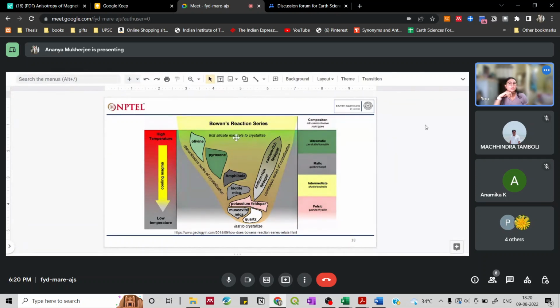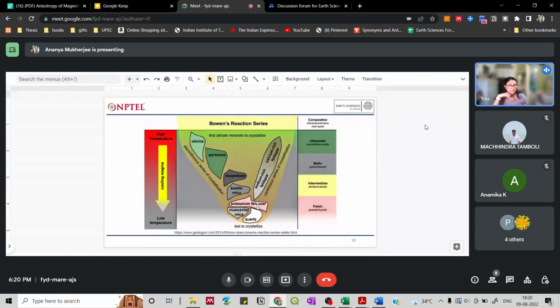According to the combination of the mineral composition, we categorize the rocks. This is how Bowen's reaction series is understood with respect to the formation of different minerals and rocks.